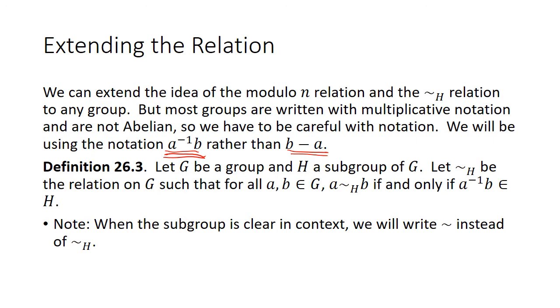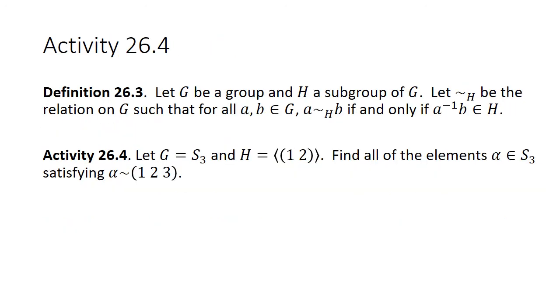Oftentimes the subgroup will be clear in context and we'll just write tilde instead of tilde sub H, but sometimes we might have to talk about more than one subgroup at a time, and then we'll put the subscript on there. Okay, so let's go ahead and do another activity, activity 26.4.